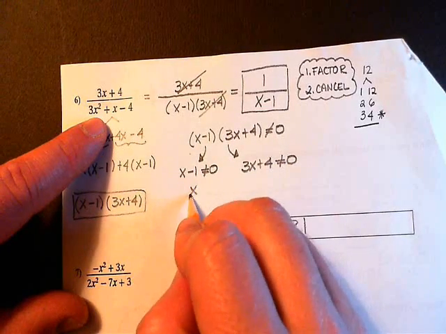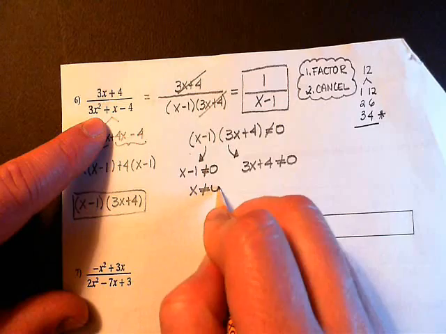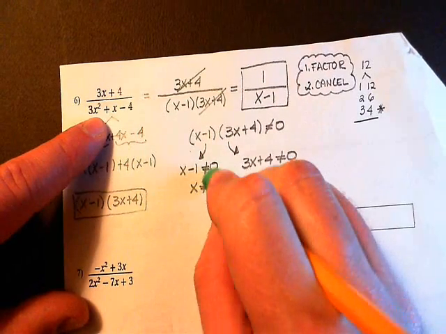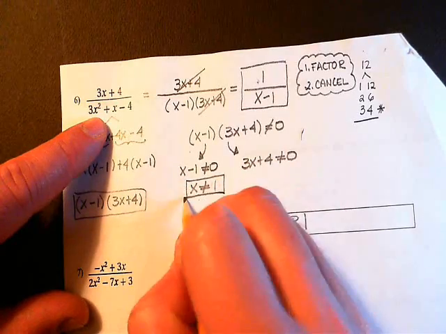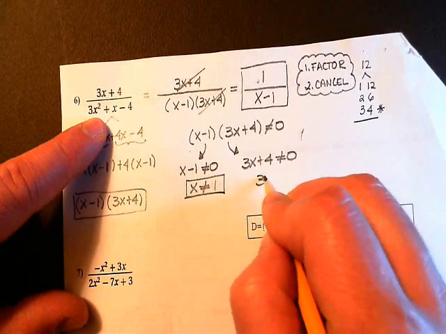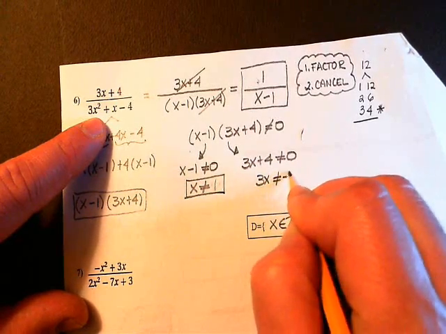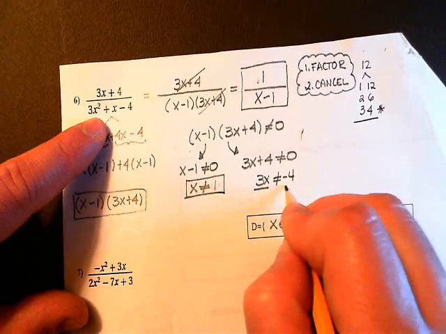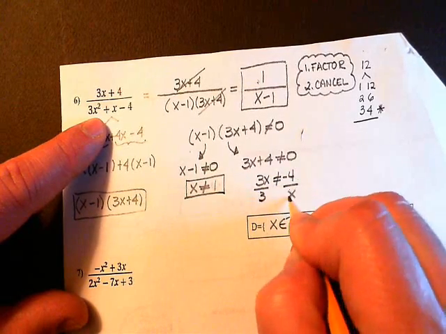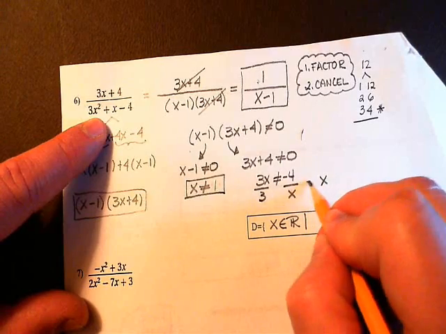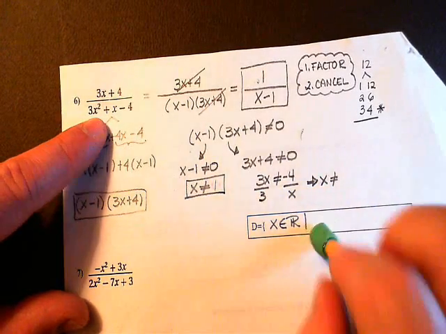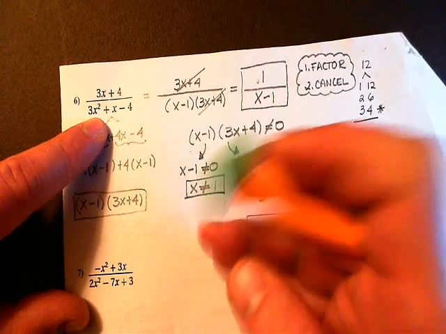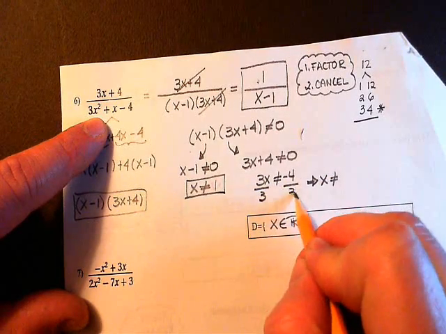Solve for x: x must be different than 1. And here, this would be 3x must be different than negative 4. We divide both sides by 3.